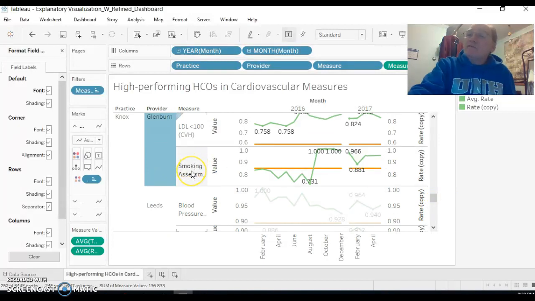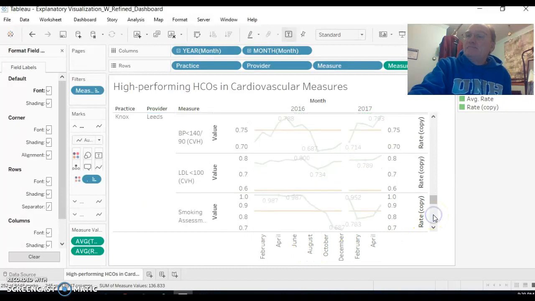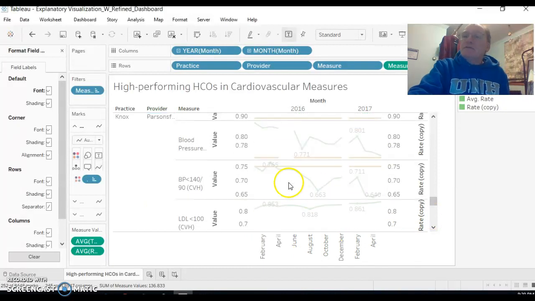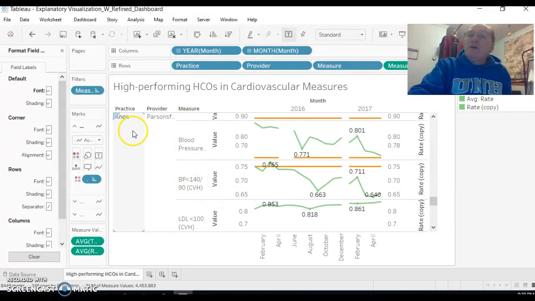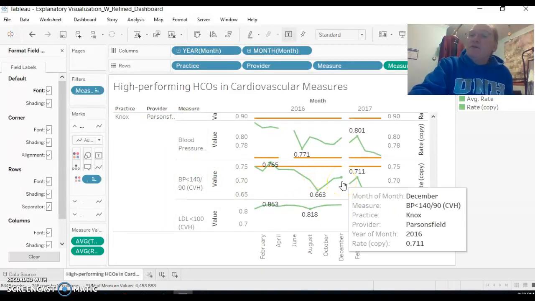And here's a provider for smoking assessment that generally didn't do too well, although for some months they did. It looks like they made some kind of improvements in the month of August that helped them get above that target. Whereas other providers, for example, here, Knox, this provider, they're consistently below the target.